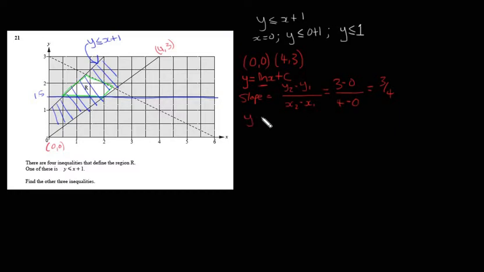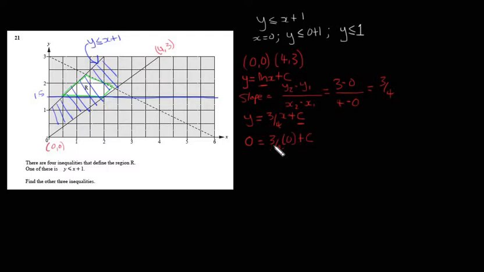So going back to the equation of a line, we get y is equal to 3 over 4x plus c. Now let's look for the c. For c, we just substitute any of these two coordinates. Just take x is equal to 0, y is equal to 0. So we got 0 is equal to 3 over 4 into 0 plus c.